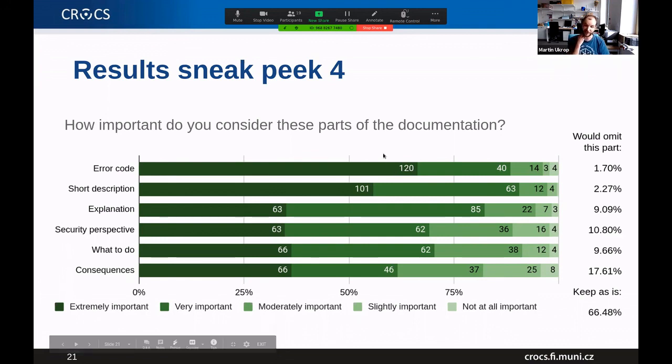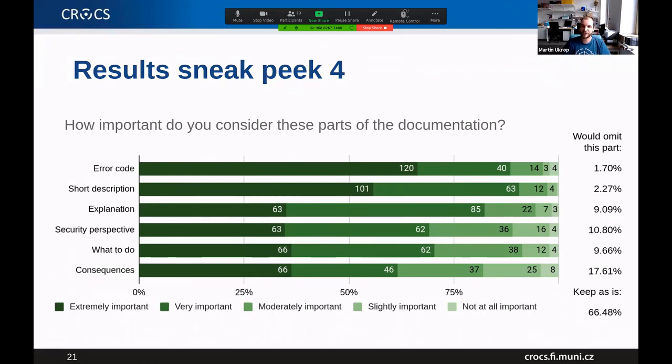The qualitative answers often said that it's important because they want to copy paste that into Google or elsewhere if they are going to look for more details. So the error code works kind of as a unique identifier of the particular error and is a little bit more usable than the number error 34.